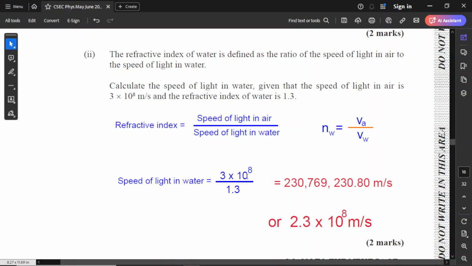So therefore, we have here 3 times 10 to the 8 divided by 1.3. And so what we get here is 230,769,230.80 meters per second, or simply 2.3 times 10 to the 8 meters per second.